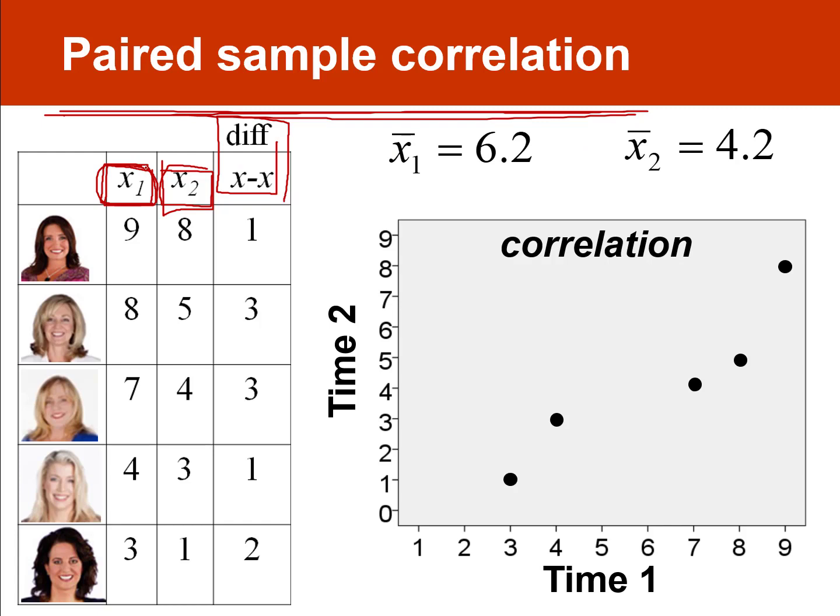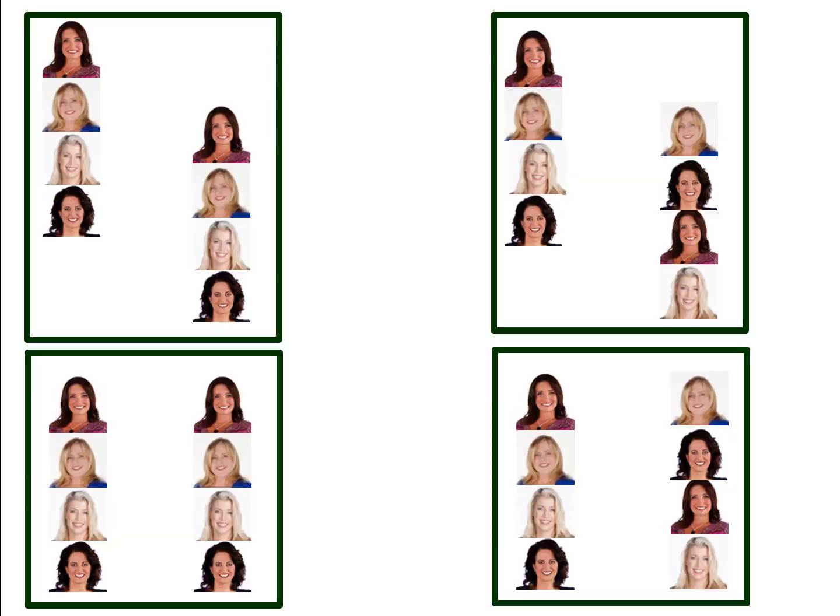So we've got 2 questions here. One question is whether there is a change or a difference between x1 and x2. The second question asks whether x1 is correlated with x2. To illustrate what I've been talking about here, I've got 4 boxes on the screen, and each box is going to illustrate a different scenario, a different possible outcome we could get if we do a paired sample study.